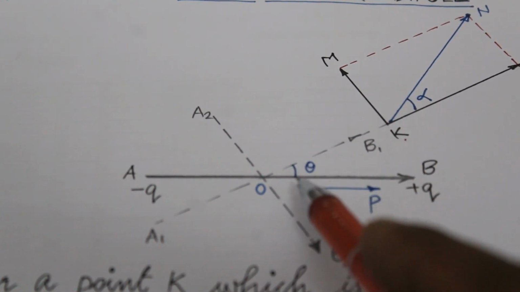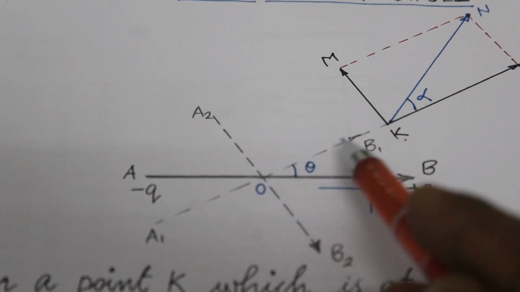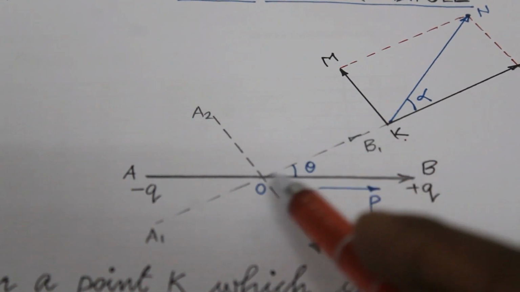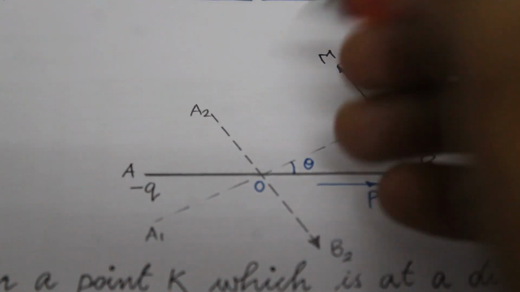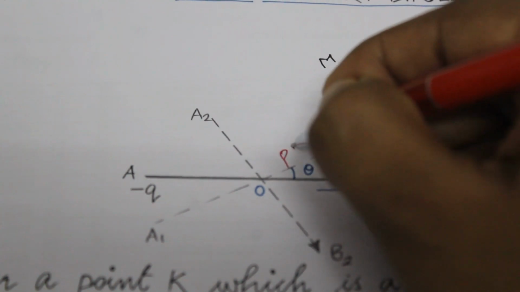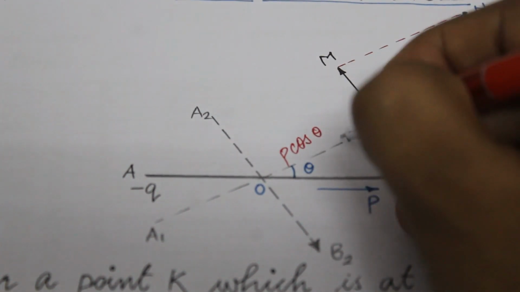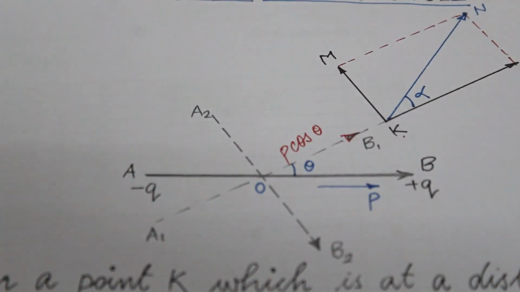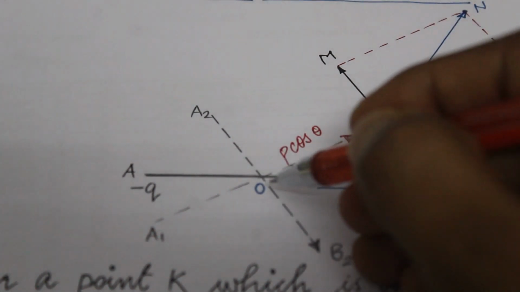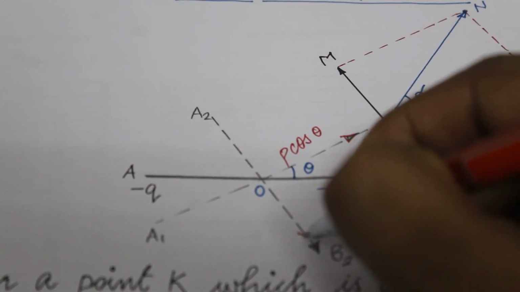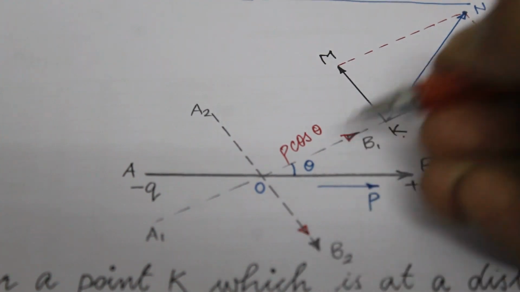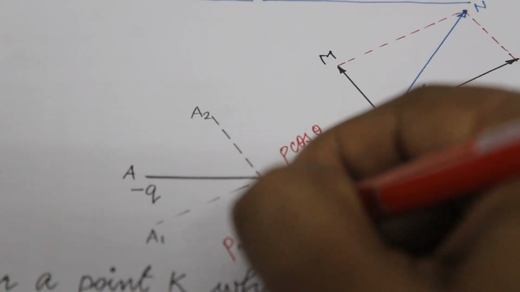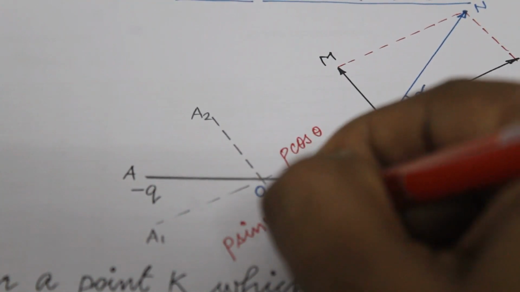If the angle theta is here, this line will be the cos component of the dipole moment. So I can write it as P cos theta, and this will be its direction. Similarly, this line indicates the sine component, so I can write here P sine theta.